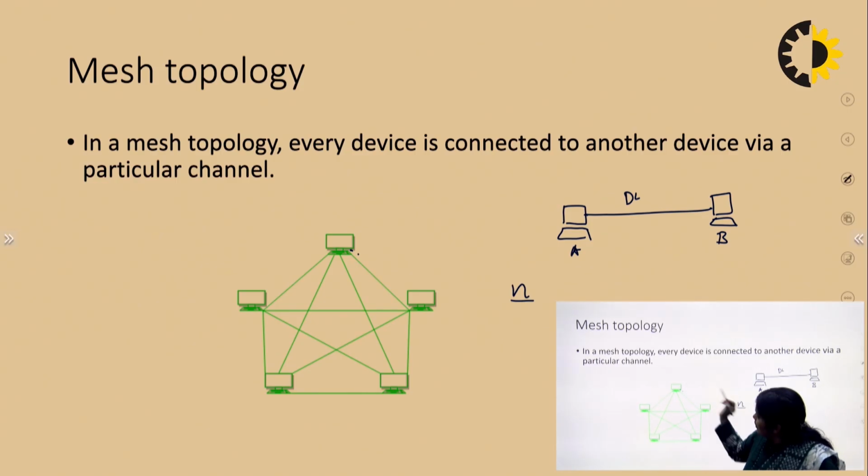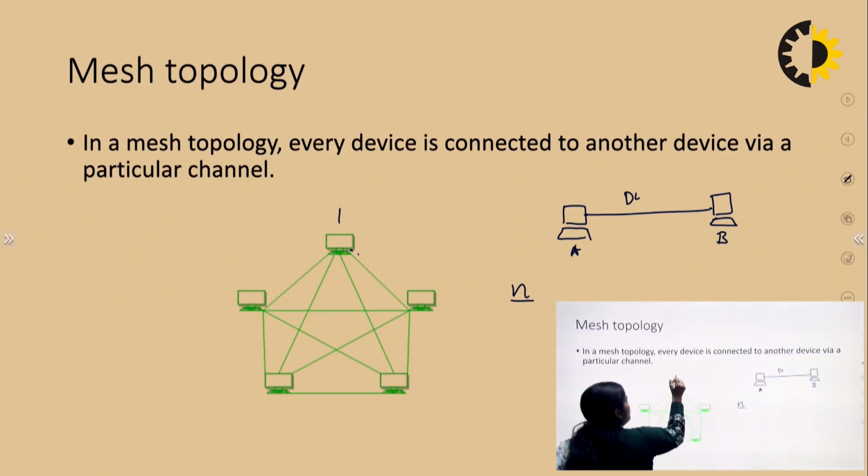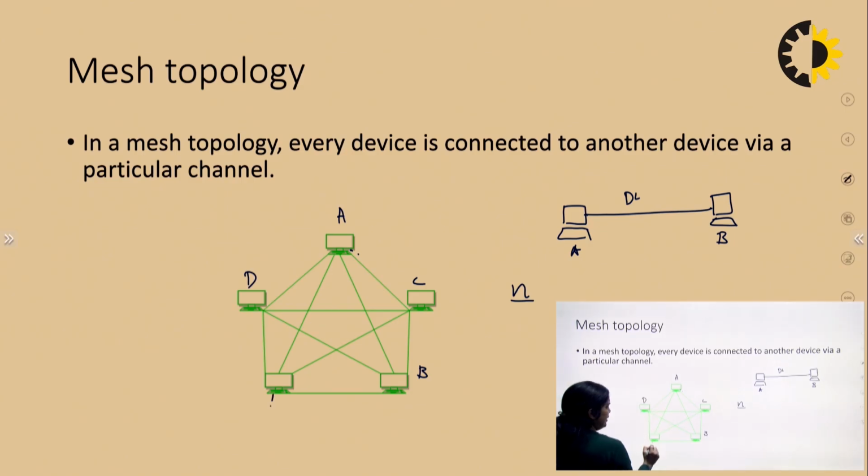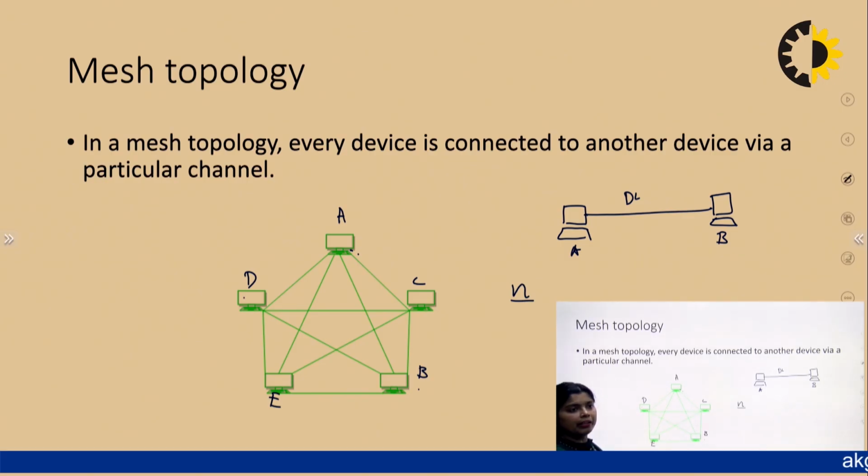If I want to communicate from A to B, C, D or E, directly I can communicate, with no other node in between. So there is a dedicated link for each and every node present on the network.